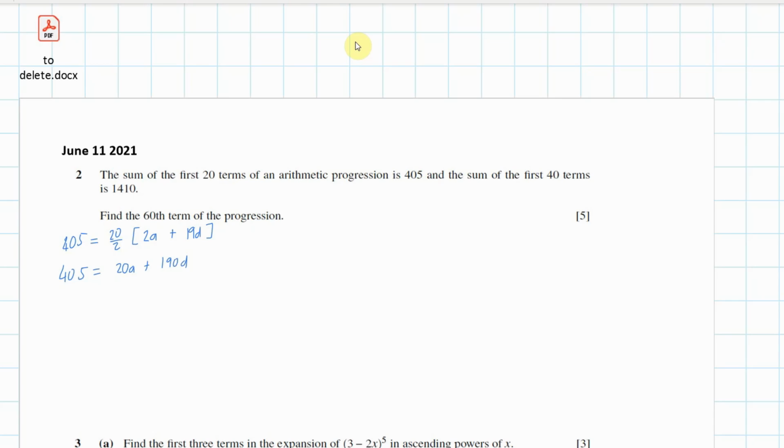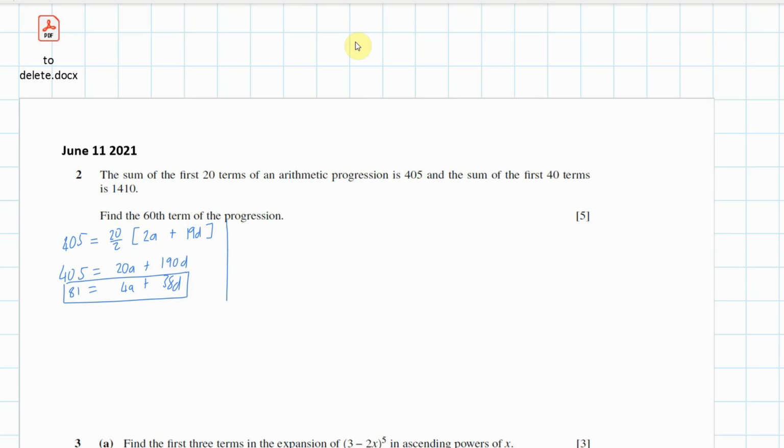Let's simplify it by 5, so 4a plus 38d, and 405 divided by 5 is 81. So we get 81 here. Okay, so that'll be my first equation.